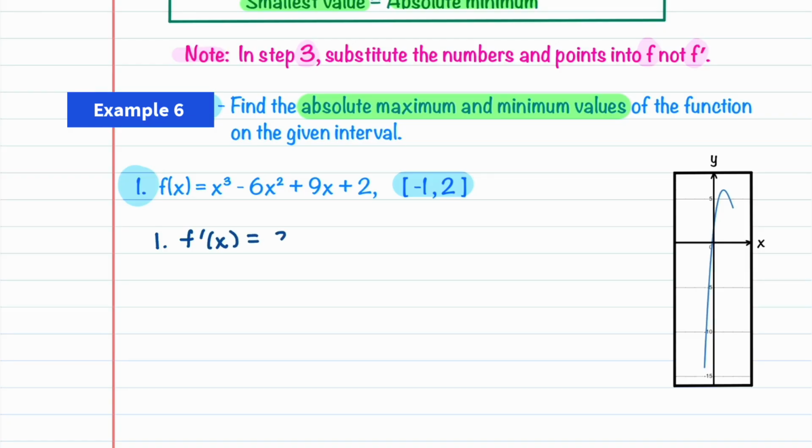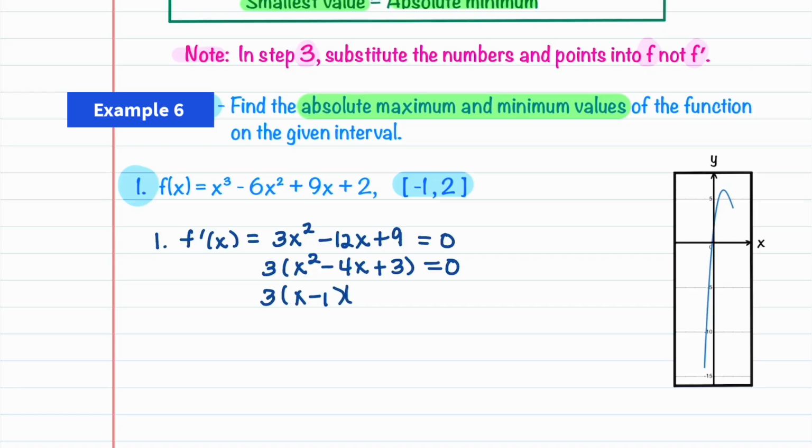Our derivative is going to be 3x squared minus 12x plus 9, and we are going to set that equal to 0. We're going to need to factor this, but notice that there's a 3 common to each term, so let's go ahead and pull that out. So this is x squared minus 4x plus 3 is equal to 0, and we can factor this as an x minus 1 and then an x minus 3.